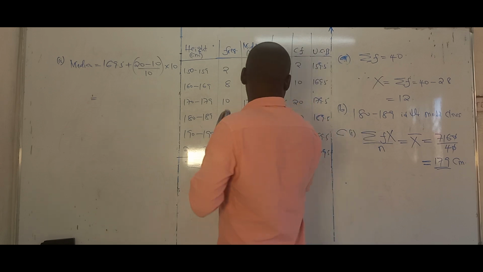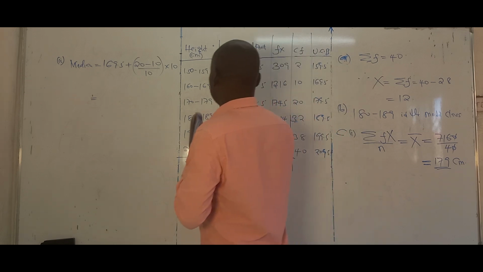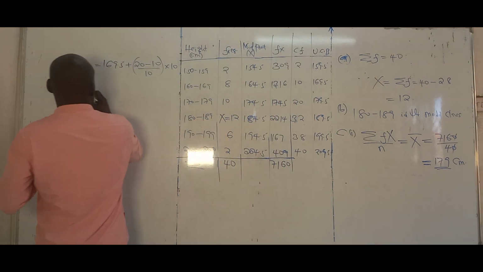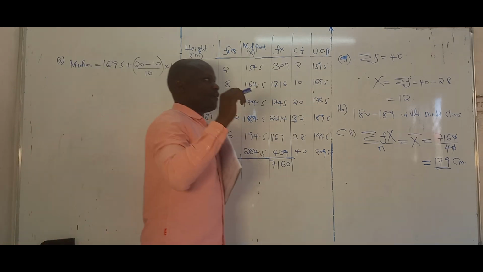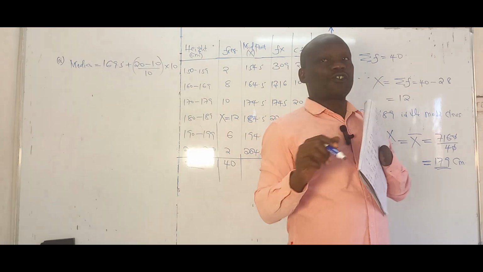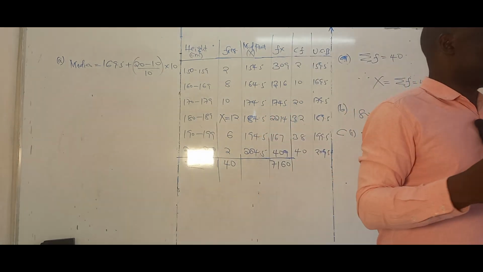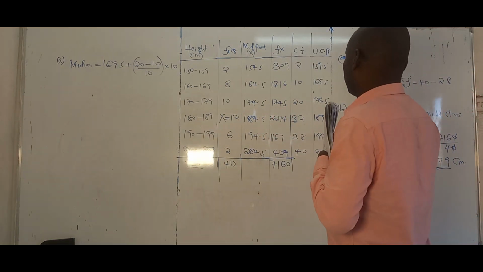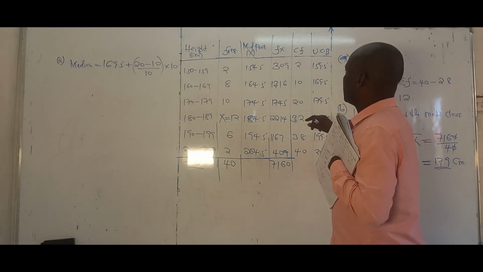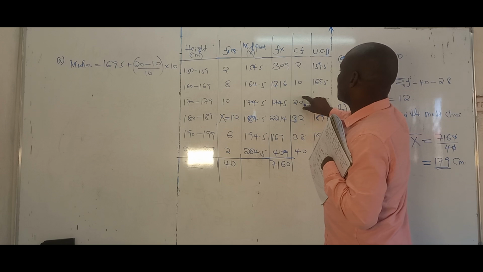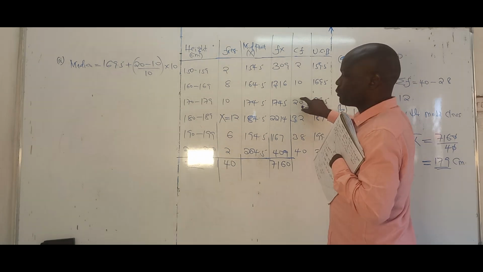To know which class contains the median, we divide 40 by 2, and we get 20. Then we check under the cumulative frequency column, and we find 20 here.